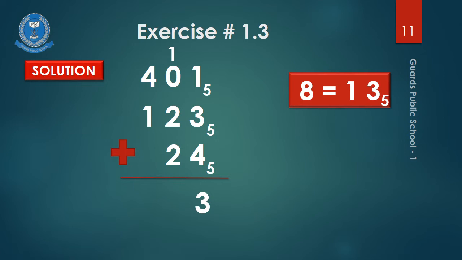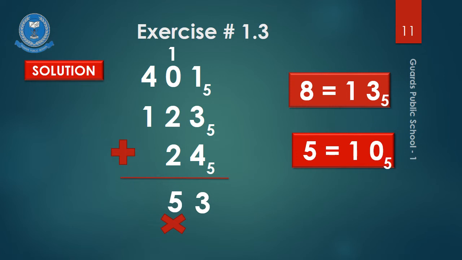Now 1 plus 0 means 1 and 1 plus 2 is equal to 3 and 3 plus 2 is equal to 5. Again, it is incorrect. Why? Because this 5 is not a base 5 digit. We cannot write 5.